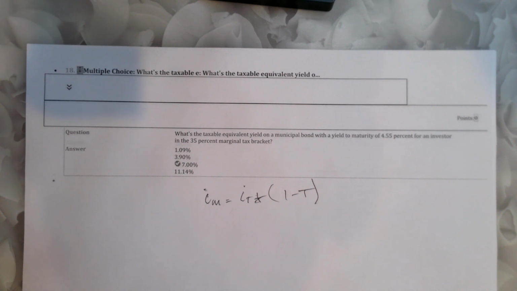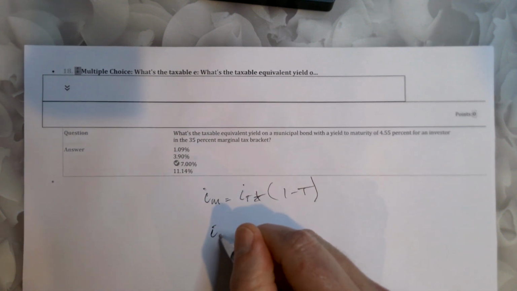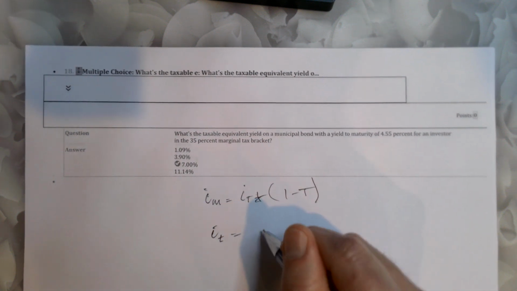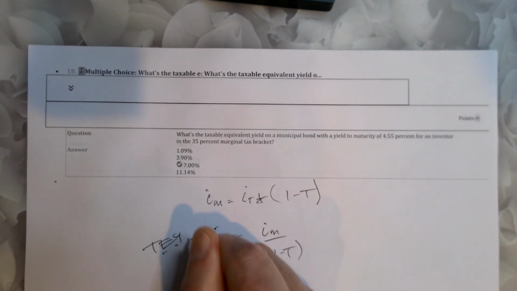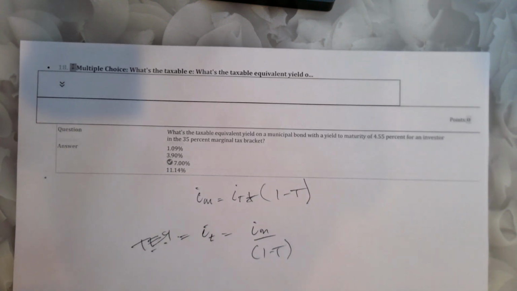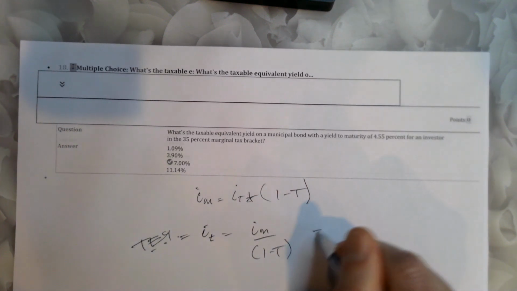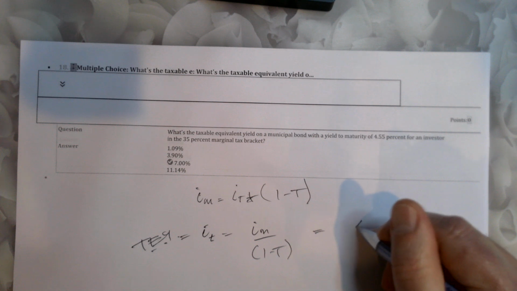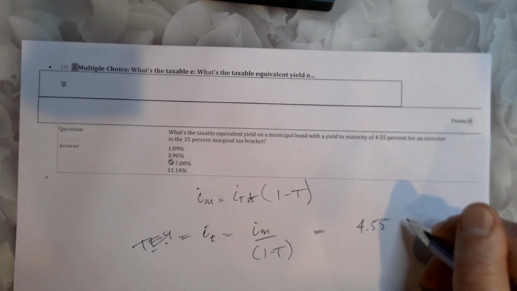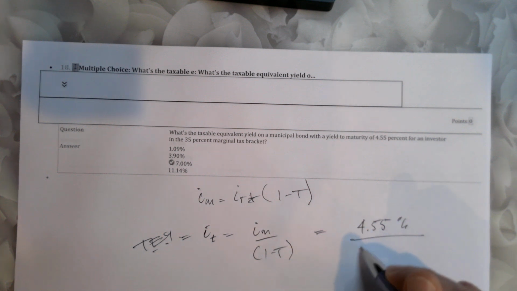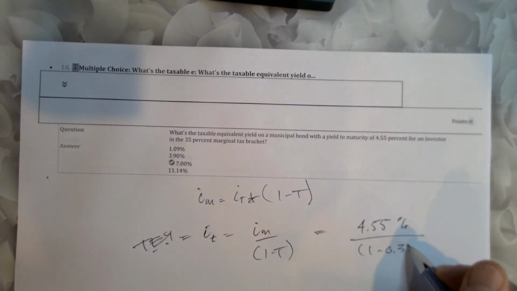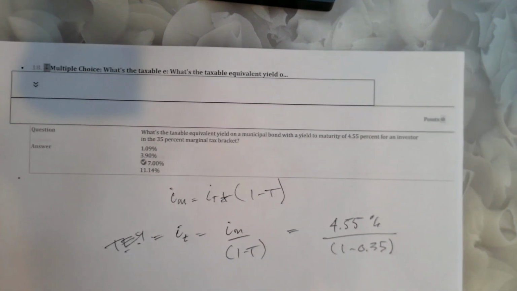Now, we can rearrange this and divide both sides by 1 minus t and find out what we call the taxable equivalent yield, or I sub t. And in this case, we have a yield to maturity on our municipal bond of 4.55%, and our taxpayer has a marginal tax rate of 35%.